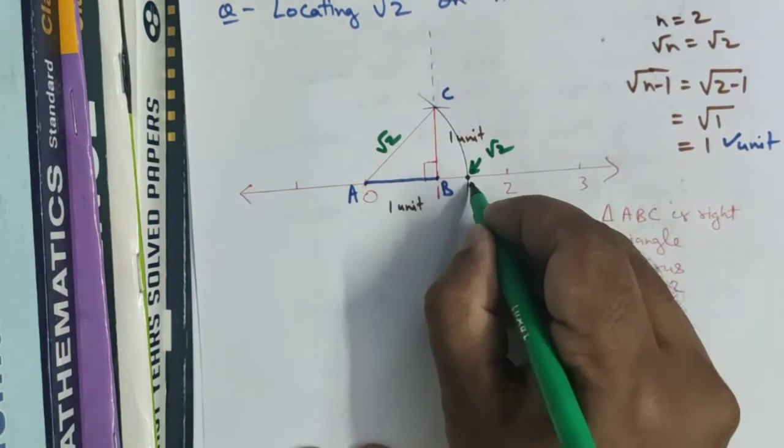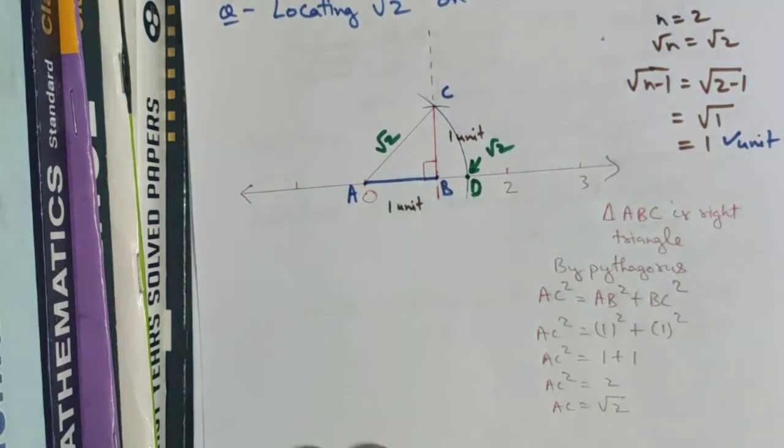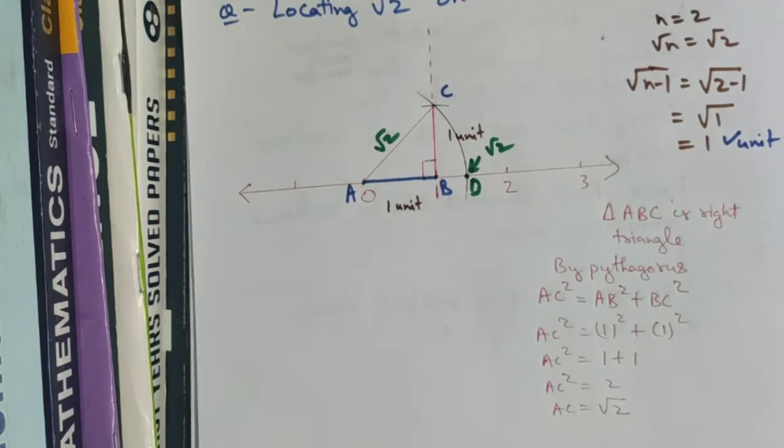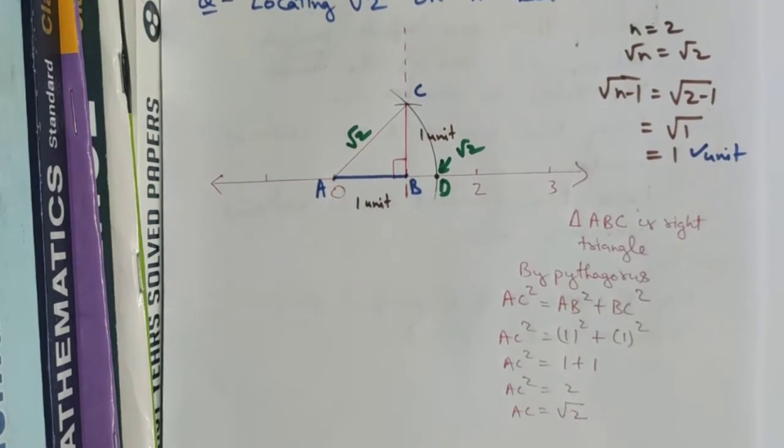Let us give the name of this point as D. So the point D on the number line is representing root 2. Hope you have understood how to solve the question.